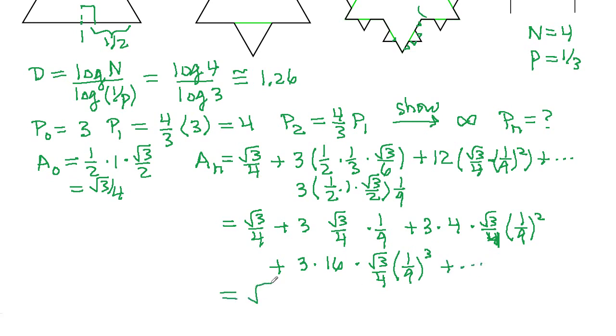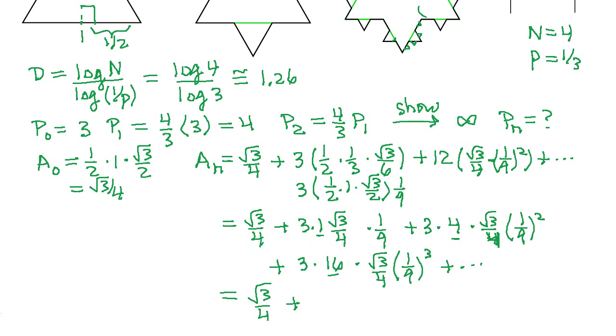So in general, we've got this root 3 over 4 plus, and then notice here we've got 1, and then we've got 4 to the first power, 4 squared, and the next one will be 4 cubed. So we are going to be summing up powers. This root 3 over 4 we can bring on the outside along with this 3, and then we can sum up what we've got left.